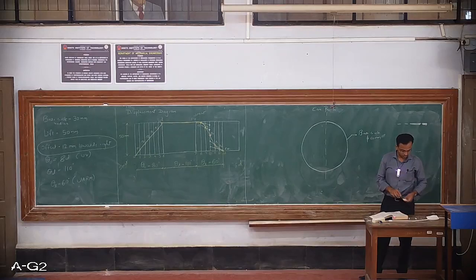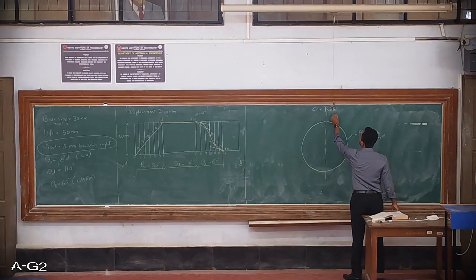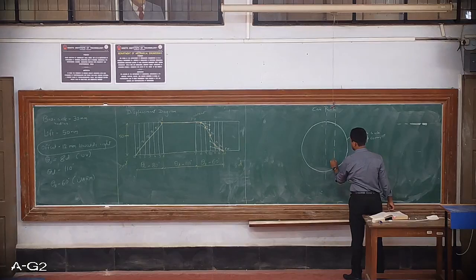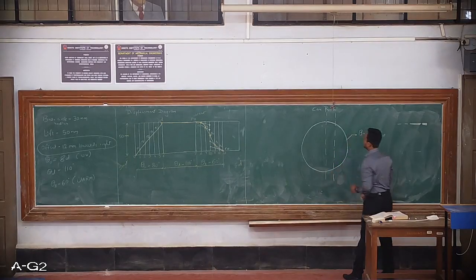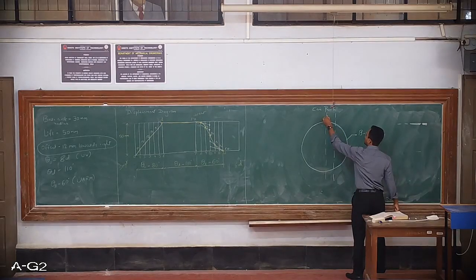So I will draw one more axis line over here, which is 12 mm apart from here. So let me show it over here. This is 12 mm.